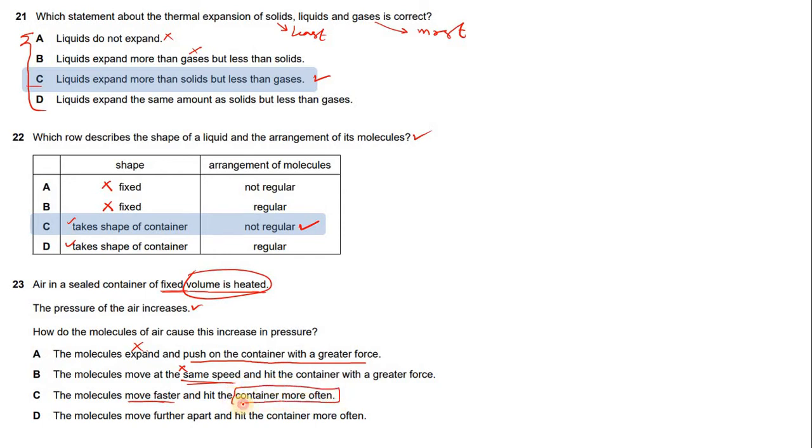That's why pressure is increased. So the option should be C. Let's check part D. The molecules move further apart. Of course not, molecules do not move further apart because the volume is fixed. So the option is C.